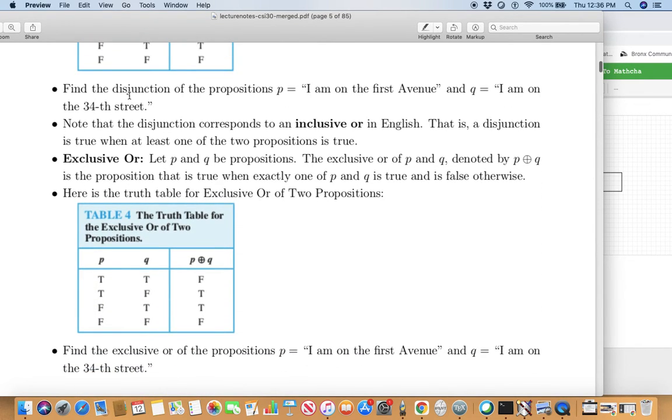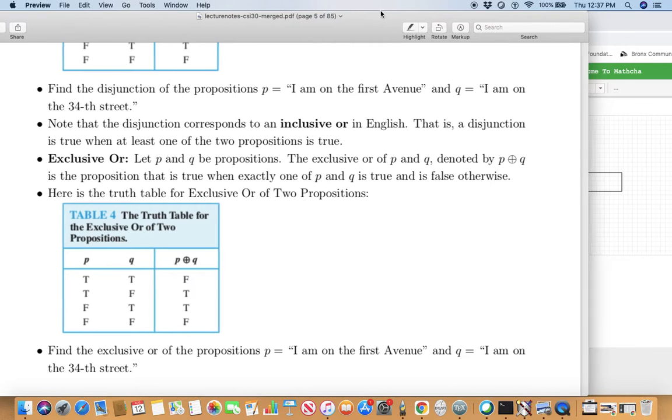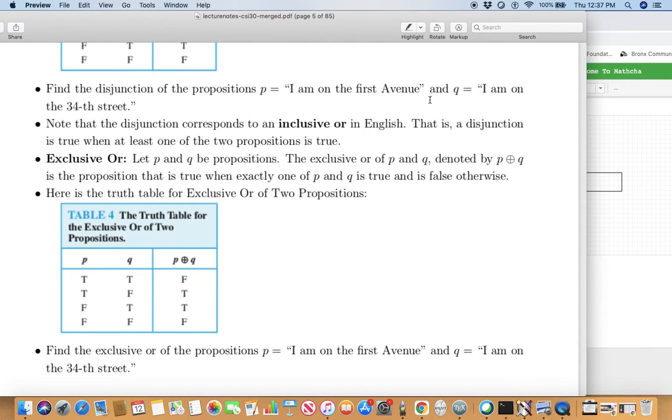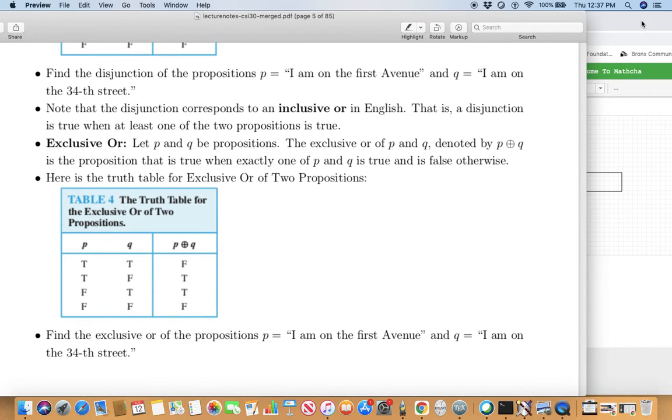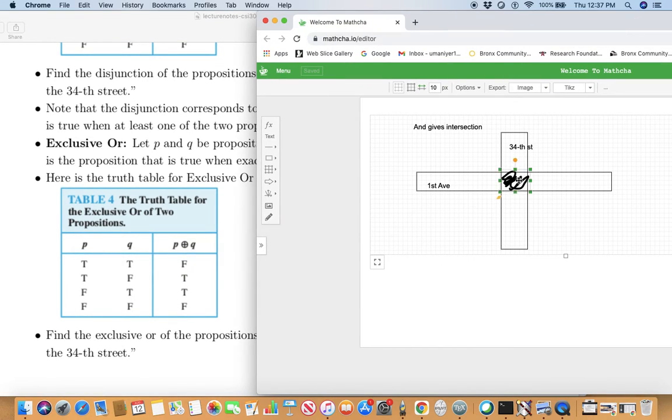Now let's look at the disjunction of the propositions P, I am on the First Avenue, and Q, I am on the 34th Street. So now in this disjunction, I am here or here. So what's the picture? I could be anywhere on these two streets.